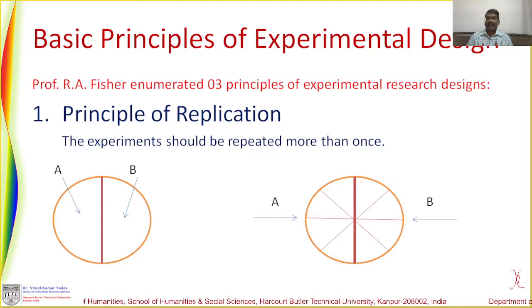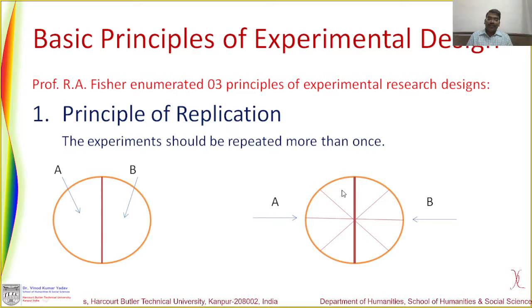So just to ensure and remove the errors, the principle of replication says that you do not just use this field for A brand rice, rather you repeat the experiment.